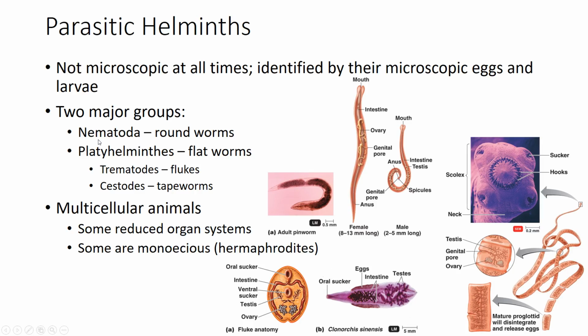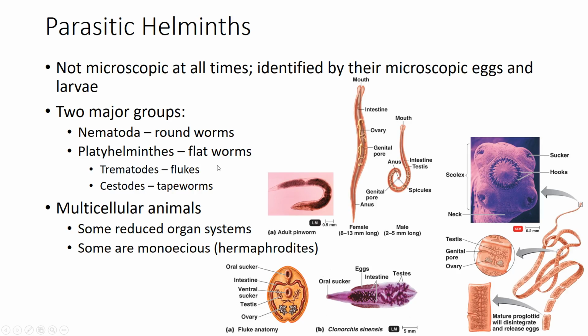The nematodes, right here, are roundworms. And here's a picture of the roundworm. Roundworms, there's going to be a female that's much bigger than the male. Pretty well developed organ systems, just more like a normal worm you would think of. The platyhelminths, right here, the flatworms, they're a little different.